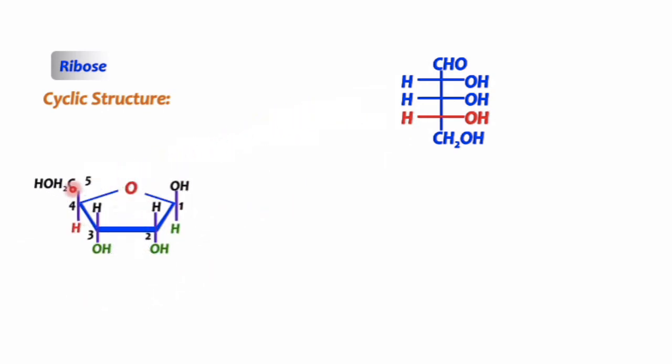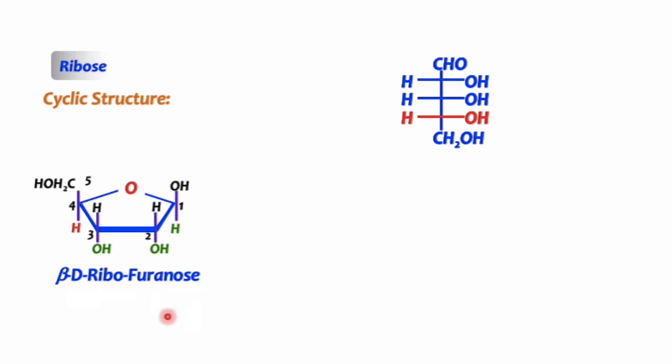Okay, let's see this. Ribose by structure, we all know that this is the Fischer projection of ribose, all OH on one side. Now, if I take the cyclic structure of ribose, this is how it appears. You can see this is the beta ribofuranose.